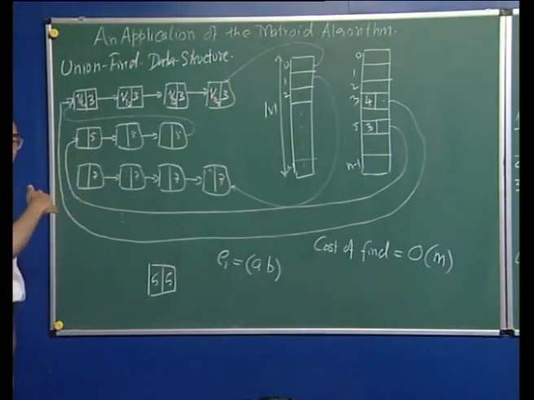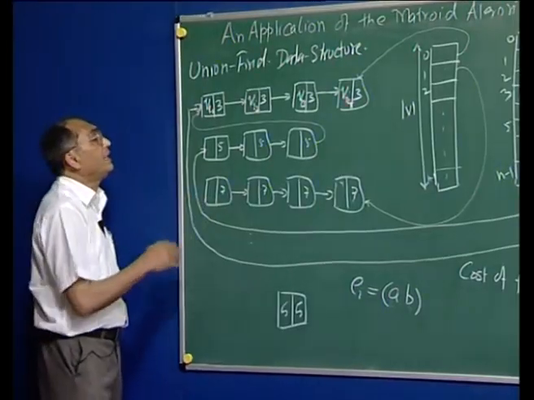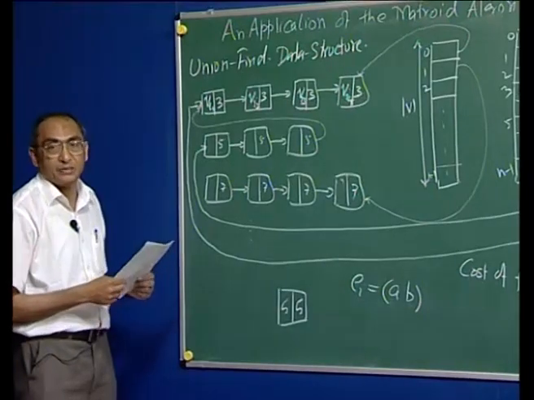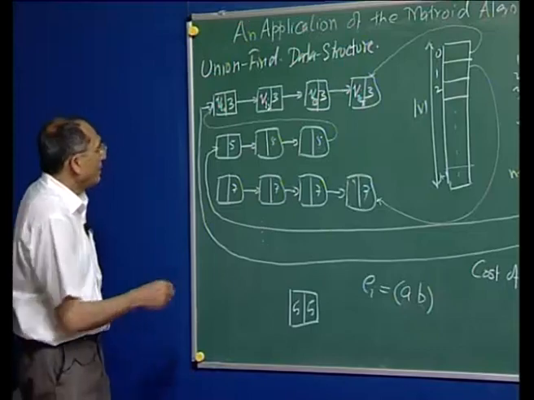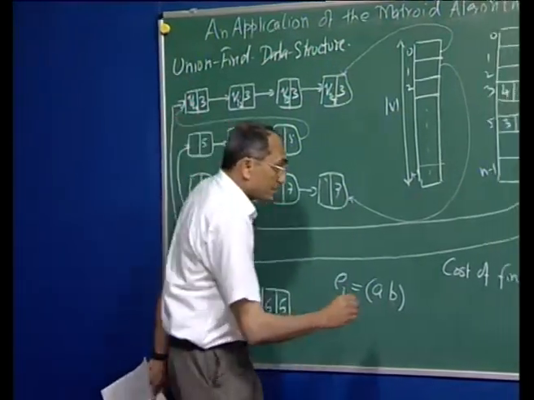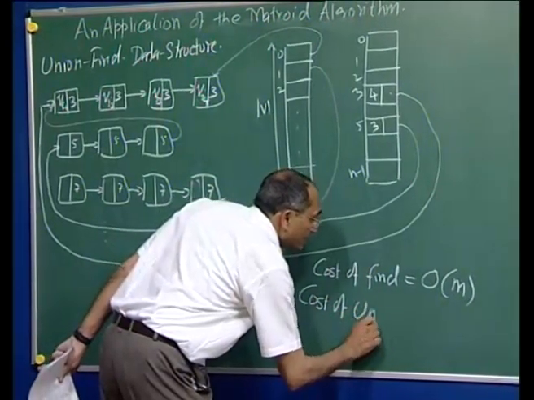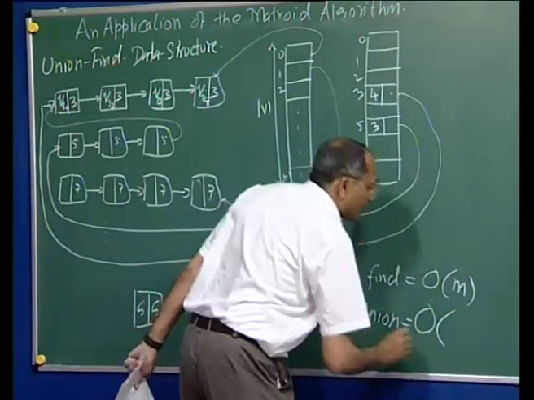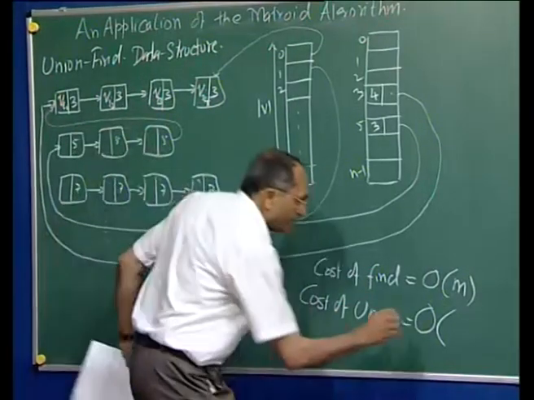So each time the cardinality of its set at least doubles, and hence relabeling cannot happen more than log n times, because you cannot double more than log n times. Each node is relabeled at most log n times, so the cost of union is order log n for each node, and there are n nodes, so it is n log n.